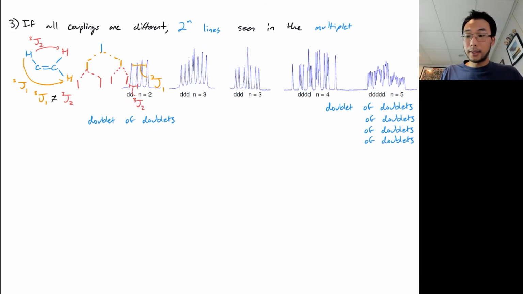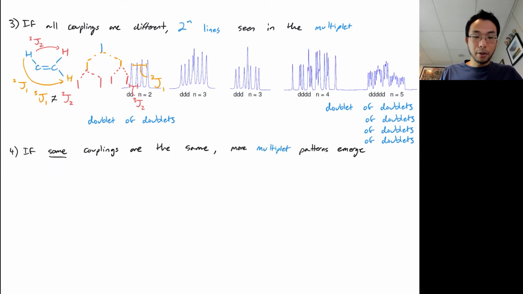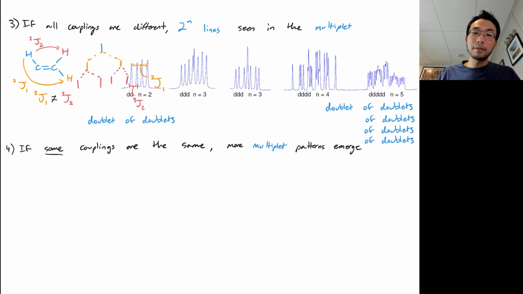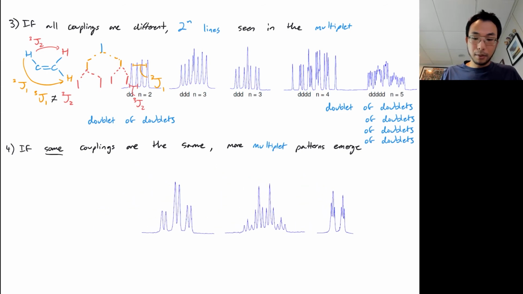That means this is a signal for a hydrogen that has 5 neighboring hydrogen nuclei that are all coupling with a different J value. That's probably a less common occurrence when it comes to our molecules. A more common occurrence is that some of the J values are the same and some of them are different. If that's the case, then you get mixtures of different splitting patterns. So let me pull up some examples here.